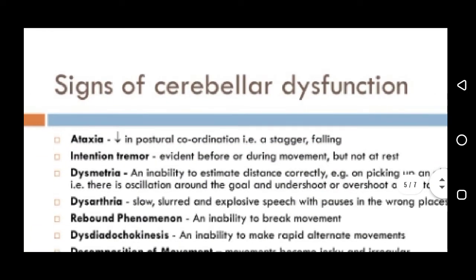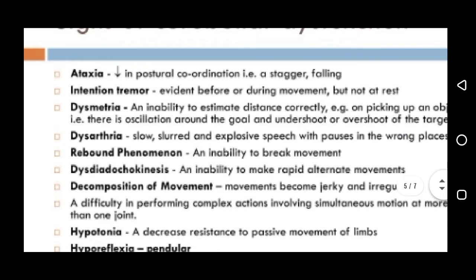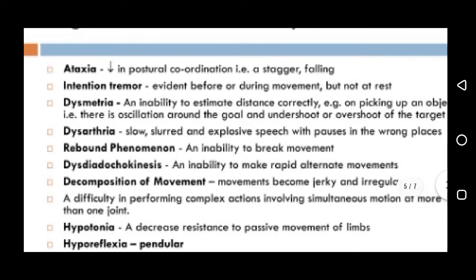So this is the definition of the different terms. First, ataxia, decrease in postural coordination, that is staggering or falling. Intentional tremor, evident before or during movement but not at rest. Dysmetria, in short, an inability to estimate distance correctly.